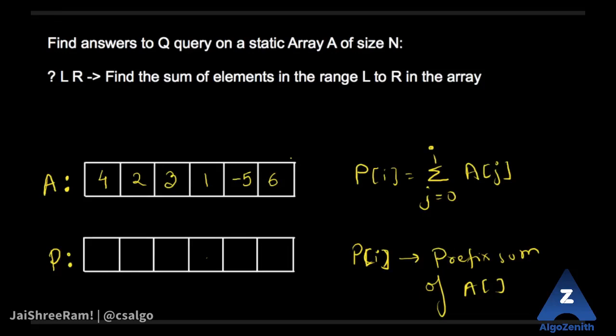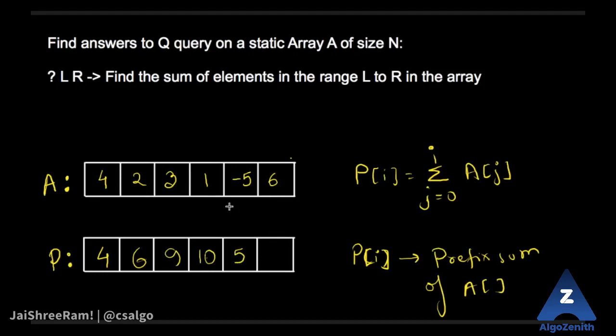We put the first element as it is, because there is only one element. The next element is the sum of these two elements, so that is 6. The next is the sum of these three elements, so that is 9. The next element is 10, and the next element is 5, and the next element is the sum of all these elements.